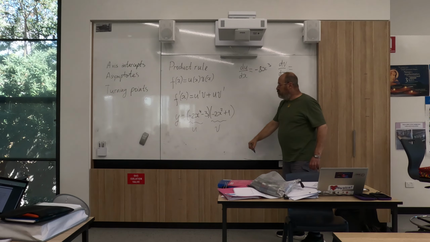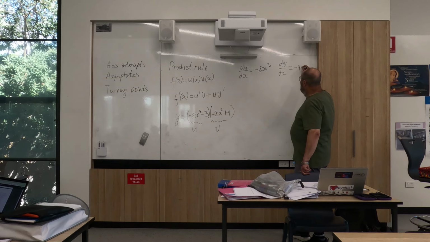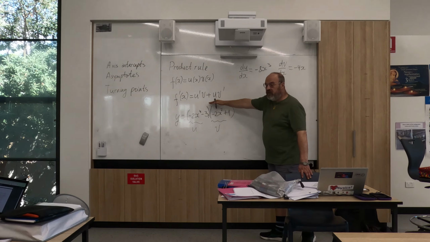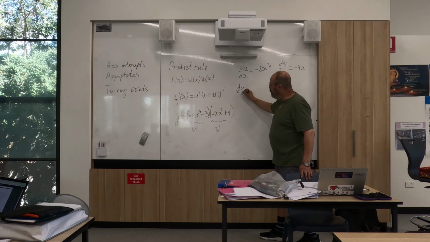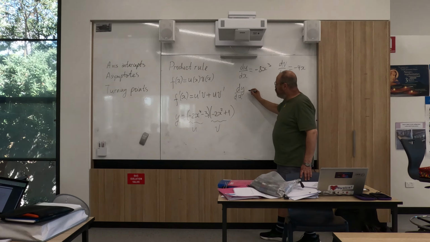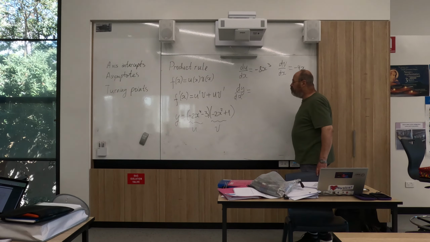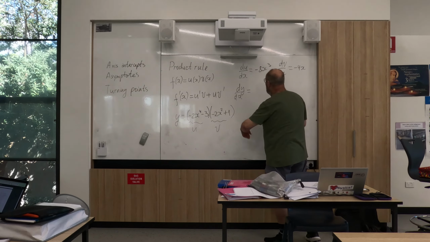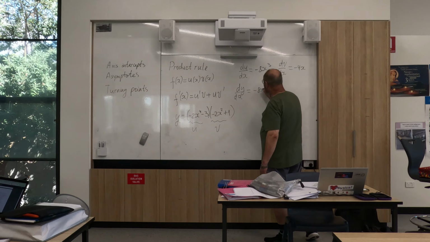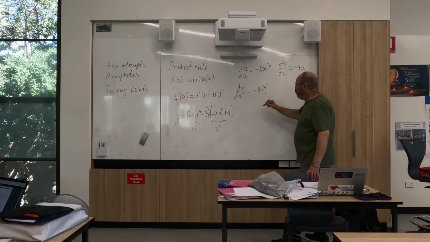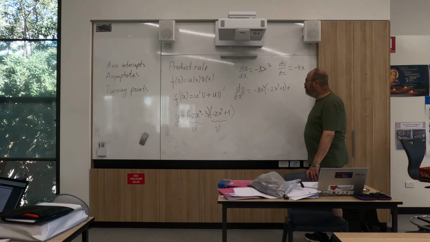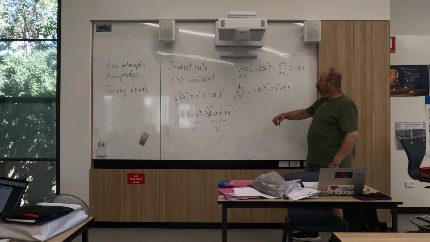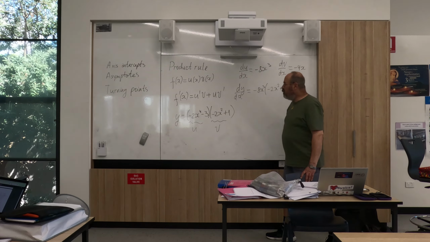Negative 4x. So applying the product rule, we get dy over dx, or f dash of x, equal to the derivative of u, negative 8x cubed, times v, negative 2x squared plus 1, plus the derivative of v times u.